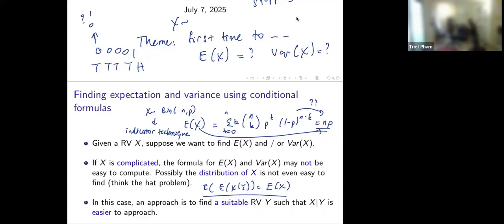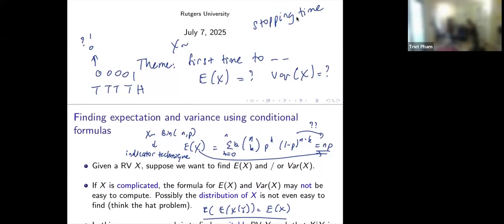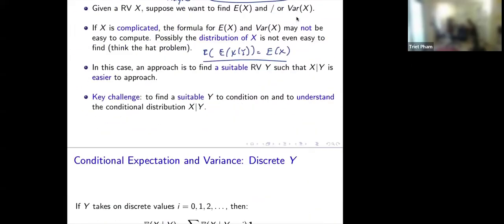So we condition on the first trial to give us information on the eventual first success. Conditioning is conceptually very natural to apply to the framework of stopping time, the first time to an event.